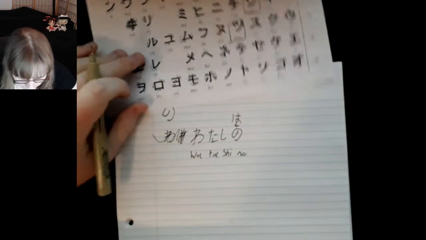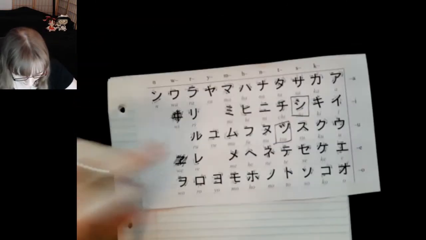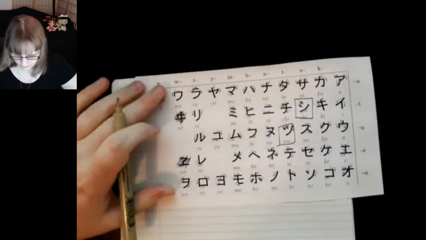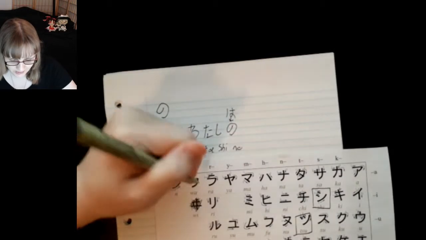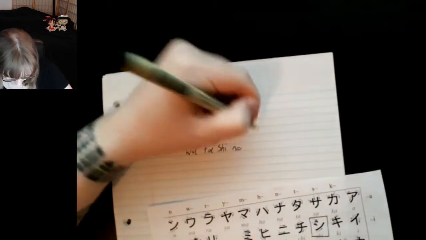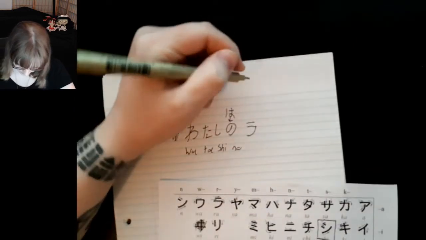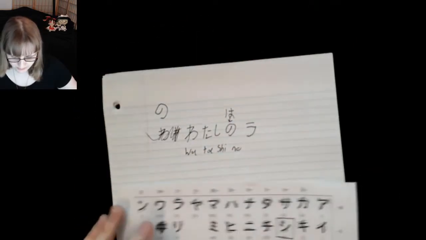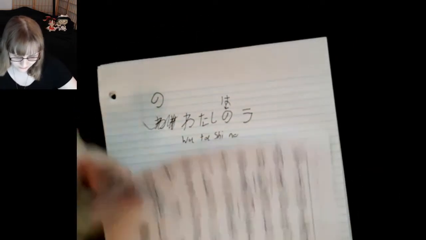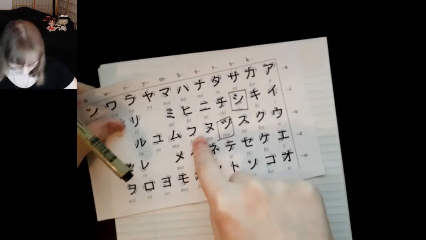So, there is no character for L, as I said in Japanese, so it would be ra, pu. So we would put a dakuten on fu.